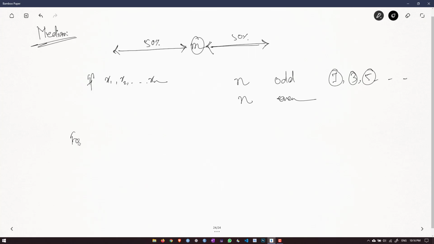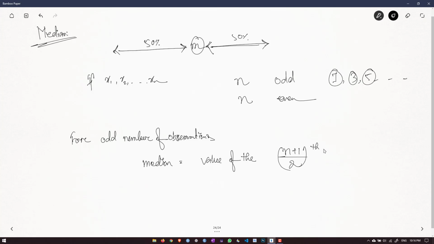So for odd number of observations, median is equal to the value of the (n plus 1) divided by 2 at observation, right?